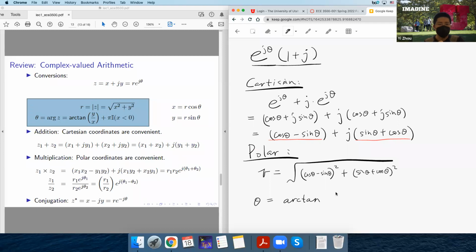And theta is arctangent of the imaginary part divided by the real part, and we add pi if the real part is negative. So we have an indicator here that looks at whether the real part is negative.